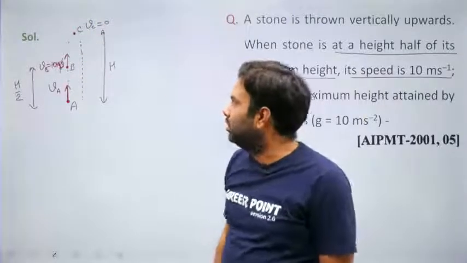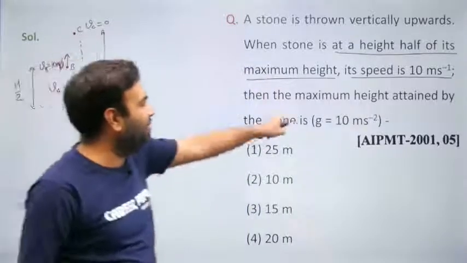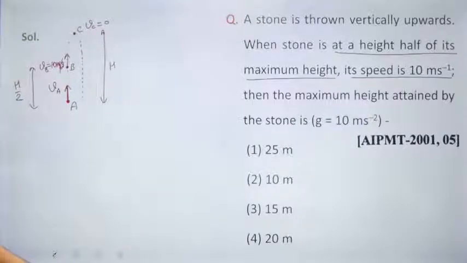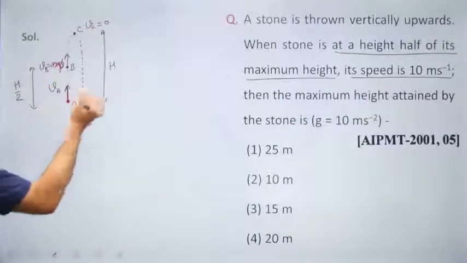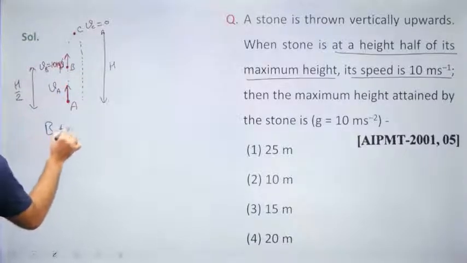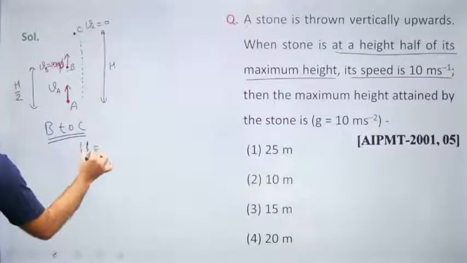So what we are going to do, we have to find the maximum height attained by the stone. Now see, if I talk about the journey of this stone from point B to C, for this journey, what is the initial velocity?